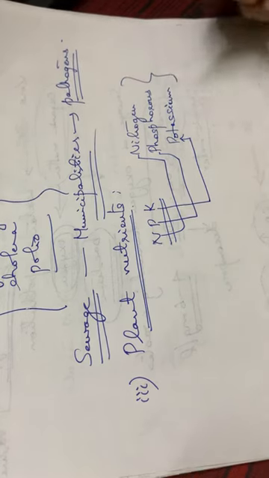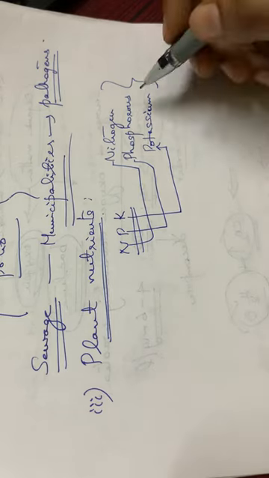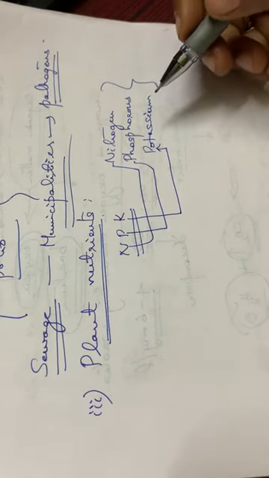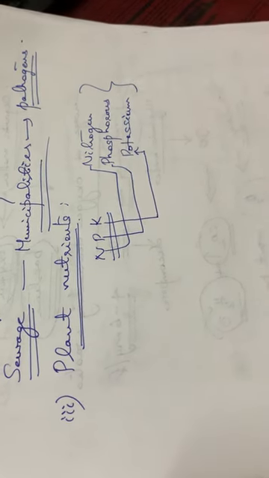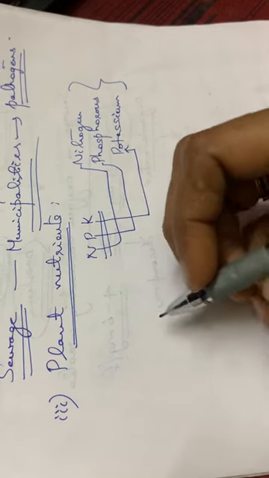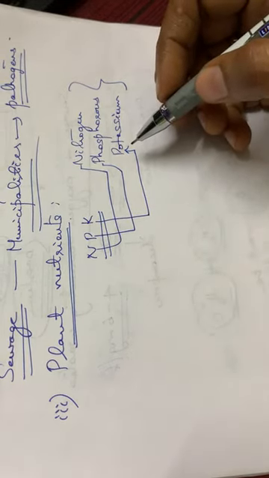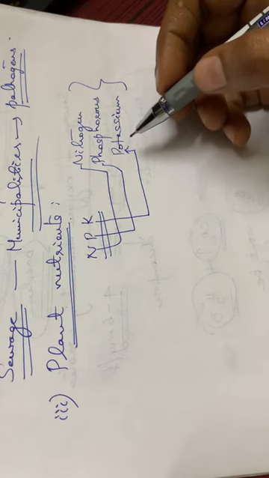So NPK mixture is normally used as a fertilizer. While we are giving fertilizers to plants, this will be stimulating the growth of the plants, isn't it? At the same time, these fertilizers will be draining to the nearby water bodies.